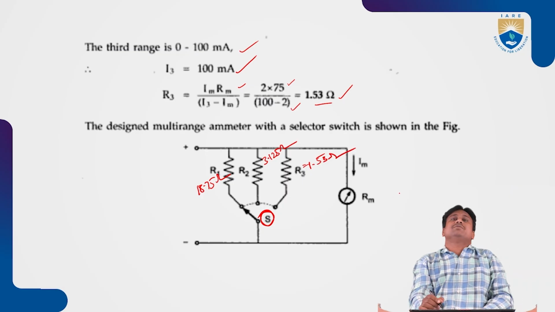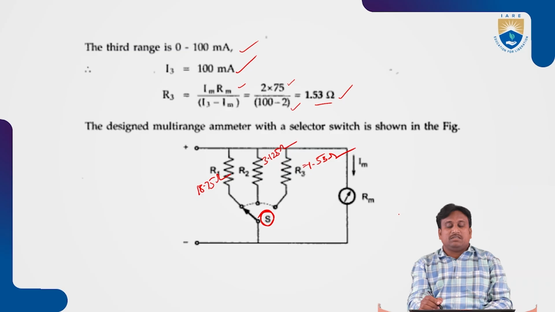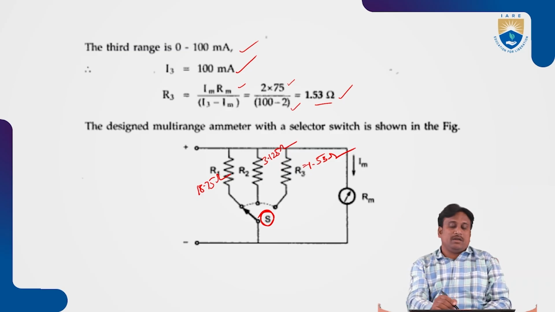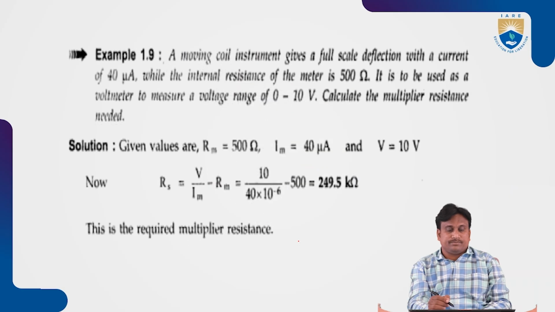With these values we can design a multi-range ammeter. Here it is shown in the diagram. It contains a selector switch and the meter resistance.